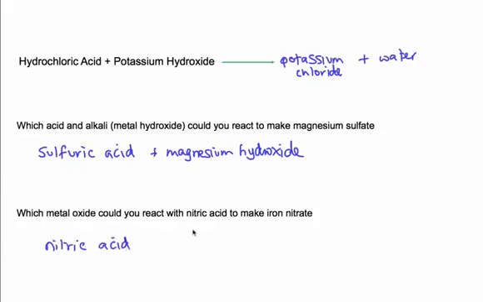And metal oxide, well, we want iron nitrate, so the metal is iron, so it will be iron oxide. This is just slightly more in the form of what you might see in the exam. You are required to know which chemicals make which salts, and this is just an outline of how you might do it. So thanks for watching, and see you again soon.